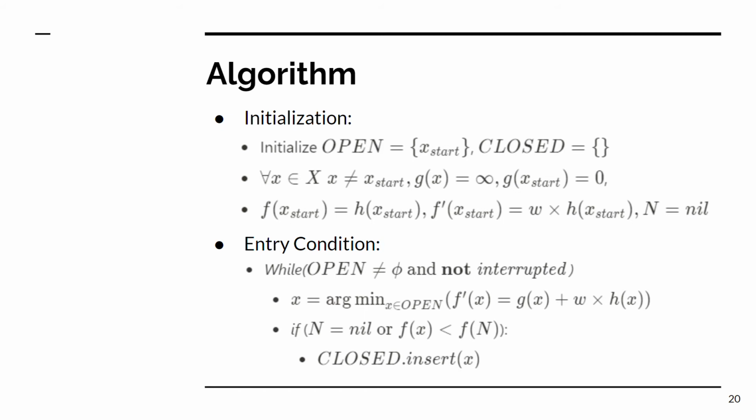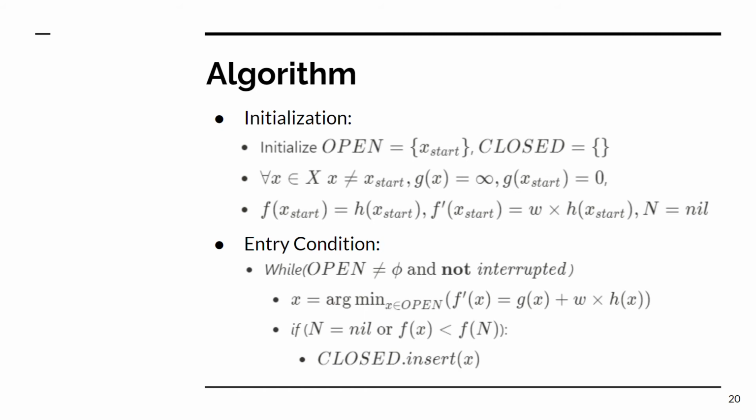Next, we will see the entry condition of the loop. The search continues while the open list still has nodes and the interrupt hasn't been called yet. The procedure will start with selection of a new node from the open list given by this particular equation, and it will select that node based on the non-admissible heuristic.